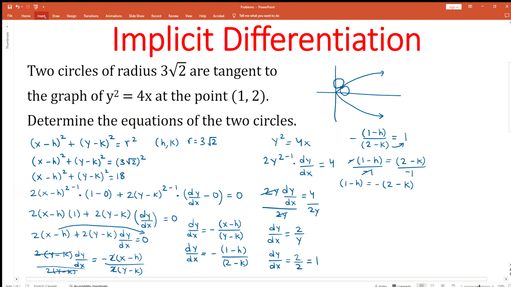Next, we should use the equation of the circle. This equation we got by subbing in r as 3 square root 2. Point 1 comma 2 lies on this circle because this circle is tangent to the curve at the point 1 comma 2. So we can sub in x as 1 and y as 2 in this equation.